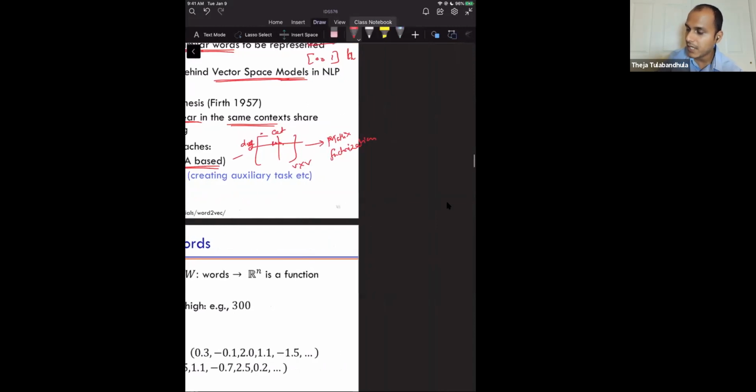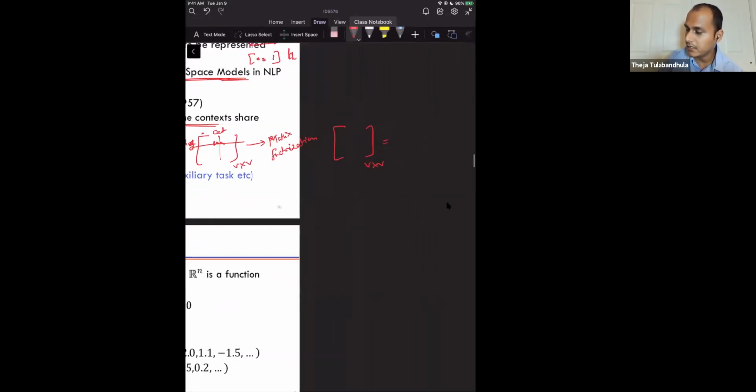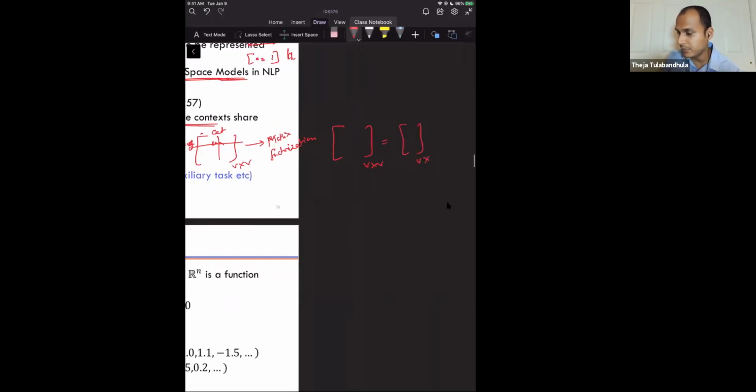By which I just mean that you have this V cross V matrix, and I want to assume that this matrix can be approximated using a V cross D matrix and then a D cross V matrix. This is an example of a matrix factorization. It's just factorizing a matrix into two matrices whose product is the original matrix. So this is the bunch of counts for each pair of words, and these are one tall matrix and one fat matrix.